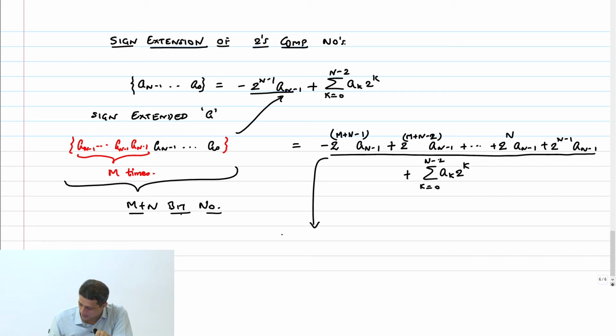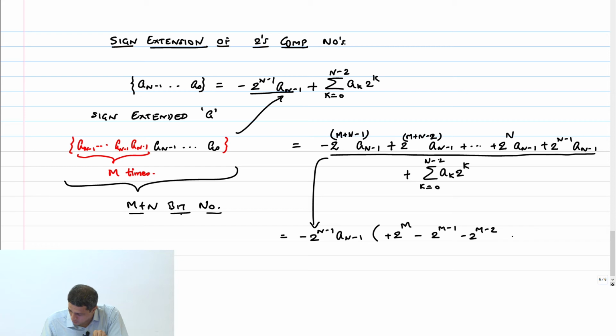I am going to write this term as minus 2 power n minus 1 a n minus 1 into the remaining terms, that is plus 2 power m minus 1, plus 2 power m minus 2, all the way down to plus 1.